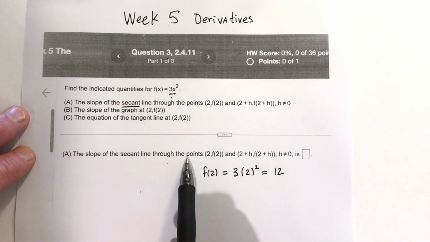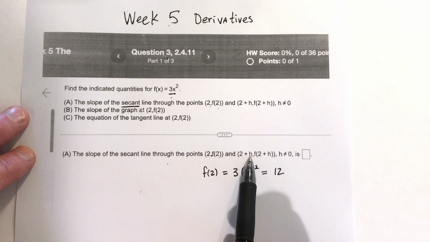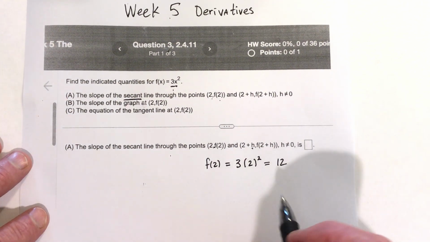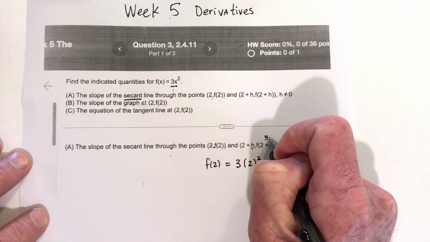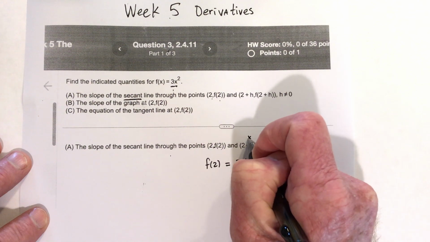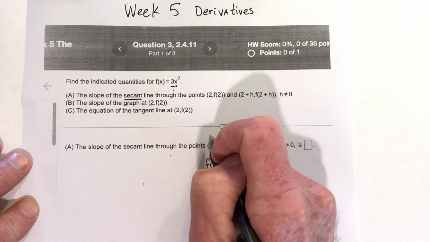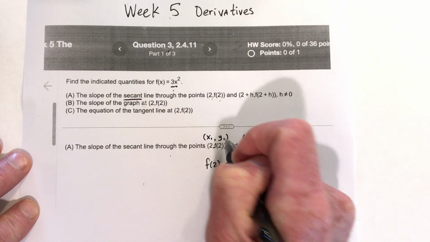So find the slope of the secant line through this point and then this point. So what they're saying is, this is the second point. This is the first point.